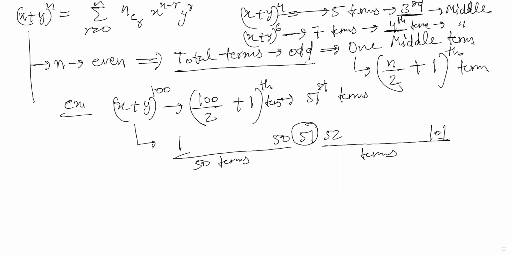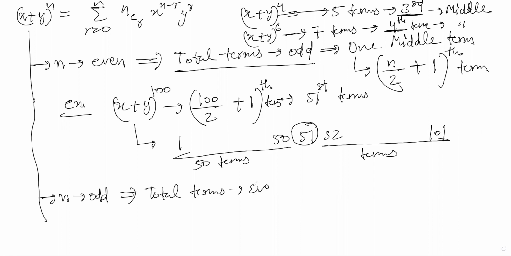Now let's talk about when n is odd. Second part. When n is odd, the total terms are even. Then in this case, 2 middle terms. If I can find out the first middle term, the second middle term will be just after it.